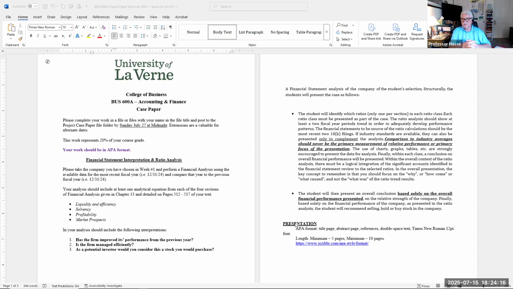And it's basically using the information given to you and talked about in chapter 13 of your text, and we'll take a look at that in just a minute. So remember, you're due to pick out one equation from the 4 different groups of financial analysis: liquidity and efficiency, solvency, profitability, and market prospects.